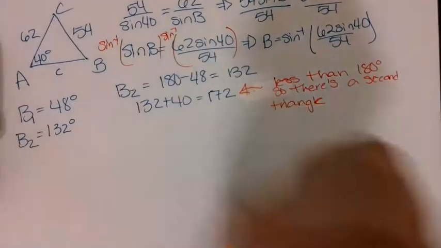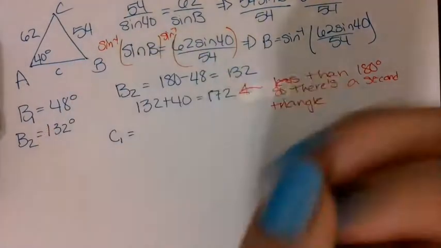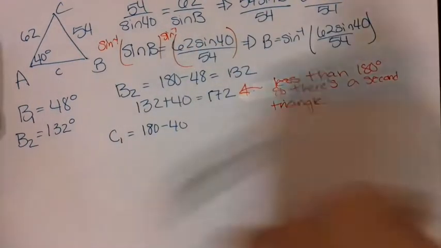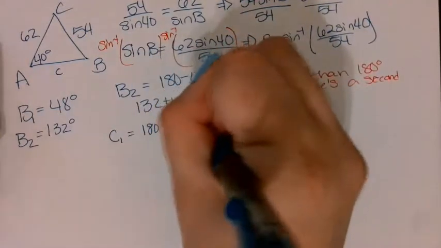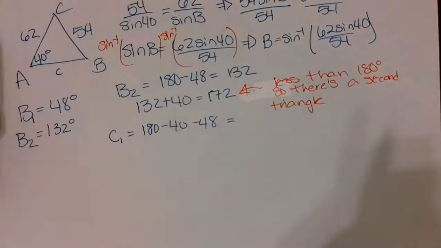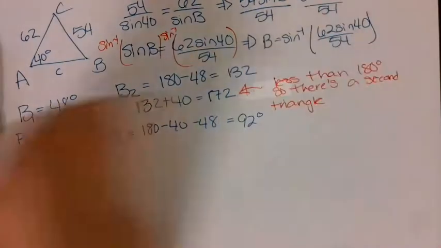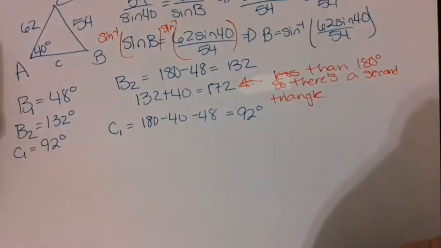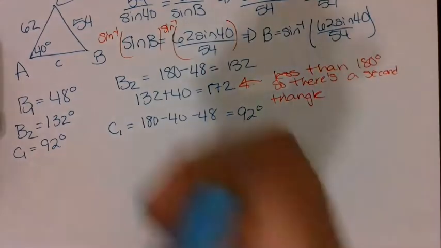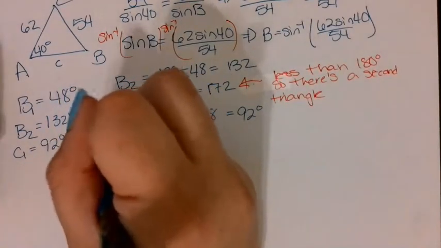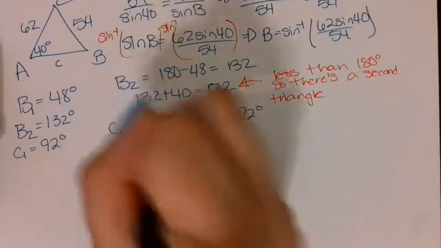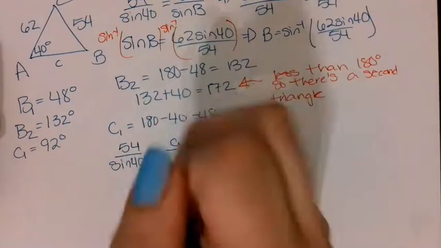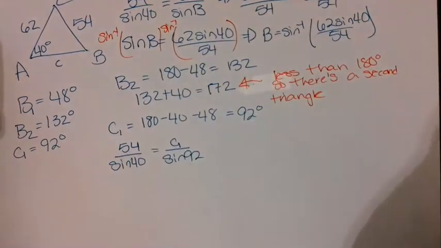Okay. I'm going to solve for C1, the angle for my first triangle. I have 180 minus 40 minus my first B1 was 48. When I subtract those, I get 92 degrees. So my C1 is 92 degrees. Then what I want to do is find my side length for C1. So I'm going to plug into the law of sines. I have 54 over sine of 40 equals little c1 over sine of 92.